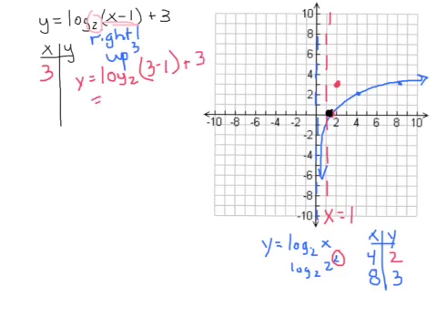Now, the reason I do that is log base 2, that would simplify to a 2, and this quantity right here is saying 2 to what power is 2? It's 1. So that's 1 plus 3, or 4 for this value. So I have the ordered pairs (3, 4) and (2, 3).